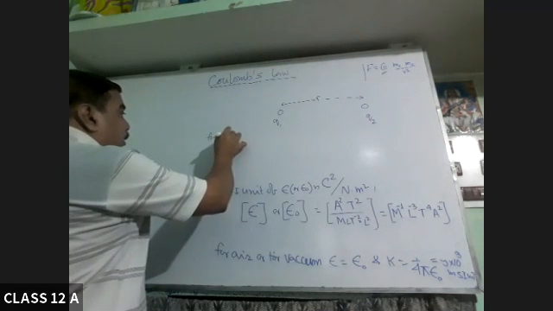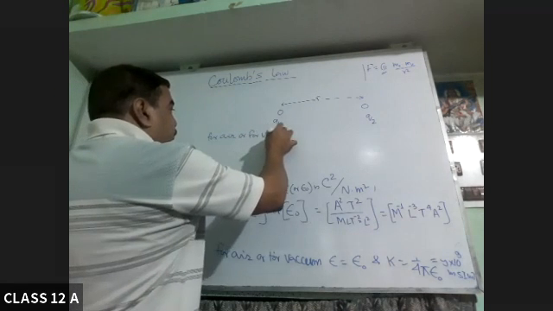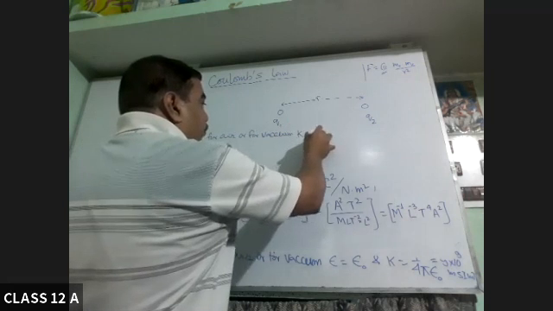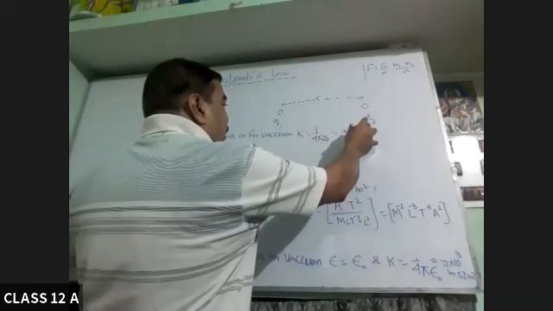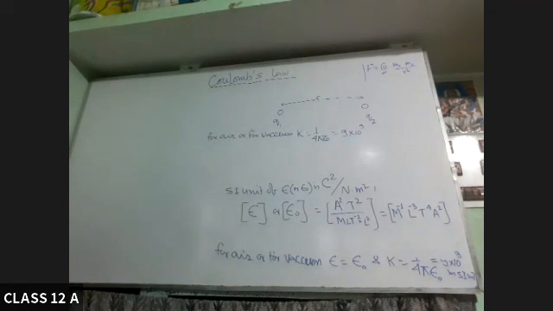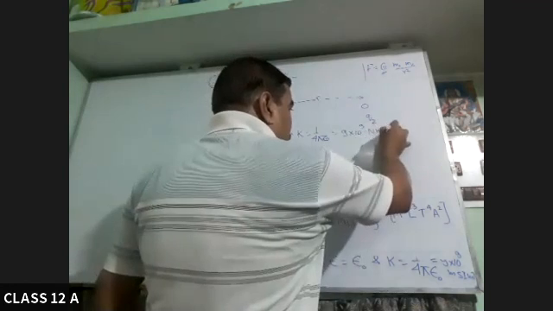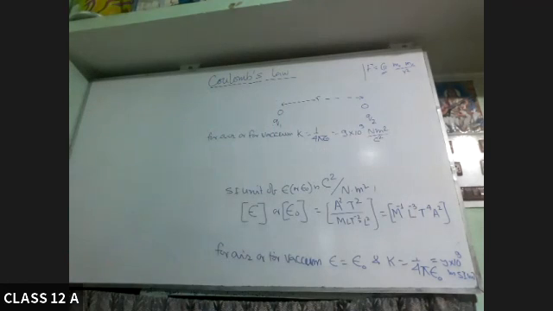Now for air or for vacuum, this K, which is equal to 1 by 4 pi epsilon naught, will become 9 into 10 to the power 9. And what will be the unit? This will become Newton meter square per Coulomb square, or Newton meter square Coulomb minus 2.